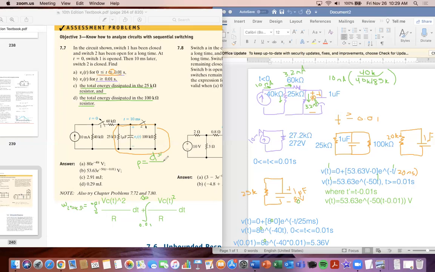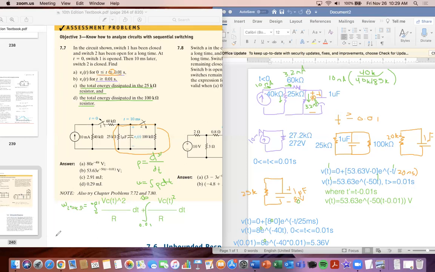Therefore, if we move it over and take the integral to solve for work, work is equal to the integral of P dt. Power is IV, I squared R, or V squared over R. Since we know the voltages here and the resistance value, that's why I use this form.